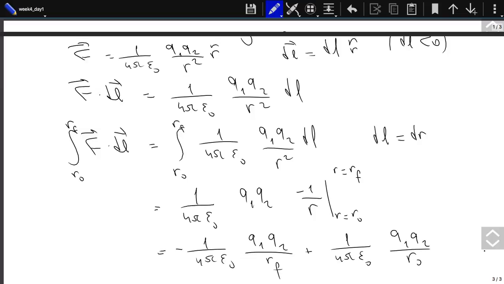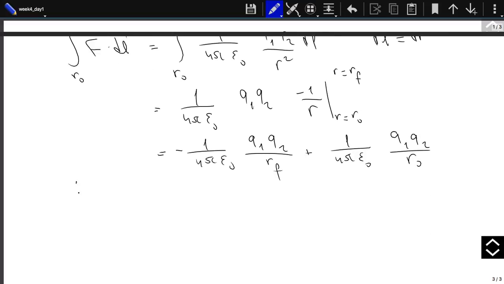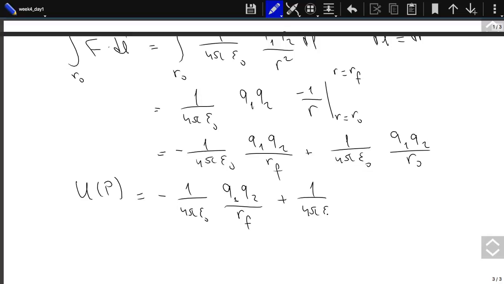So I can write the potential energy at the point P as minus 1 over 4 pi epsilon 0 Q1 Q2 over R final plus 1 over 4 pi epsilon 0 Q1 Q2 over R0 plus U of P0.